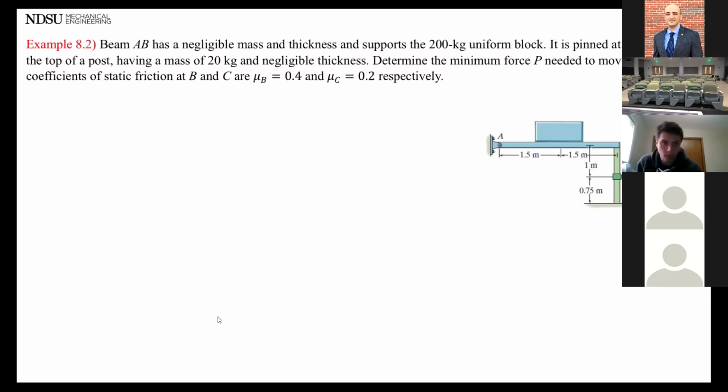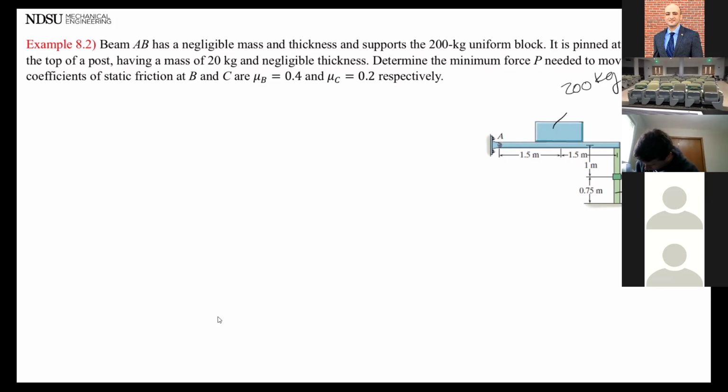Okay, so we have a beam, says negligible mass and thickness, and it's supporting a 200 kilogram block sitting there. It is pinned at A and rests on top of the post, having a mass of 20 kilograms. So this post itself has a mass of 20 kilograms.